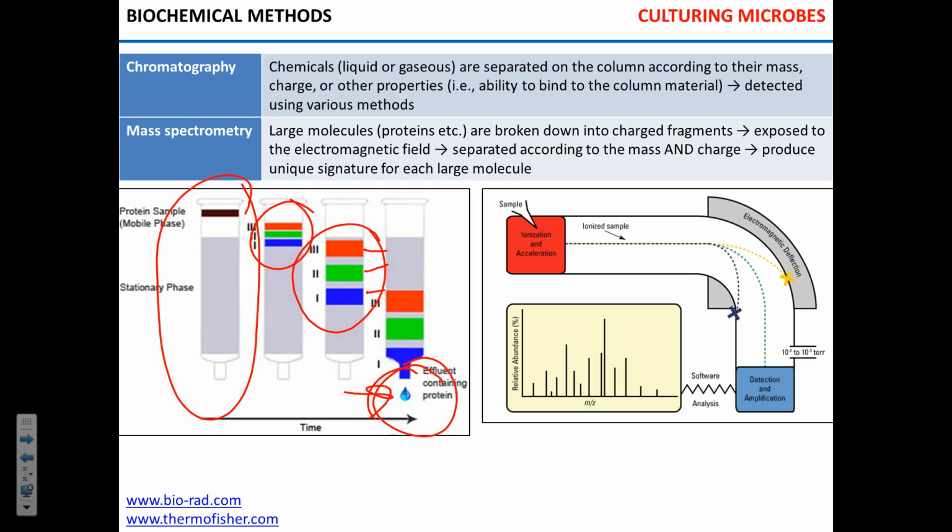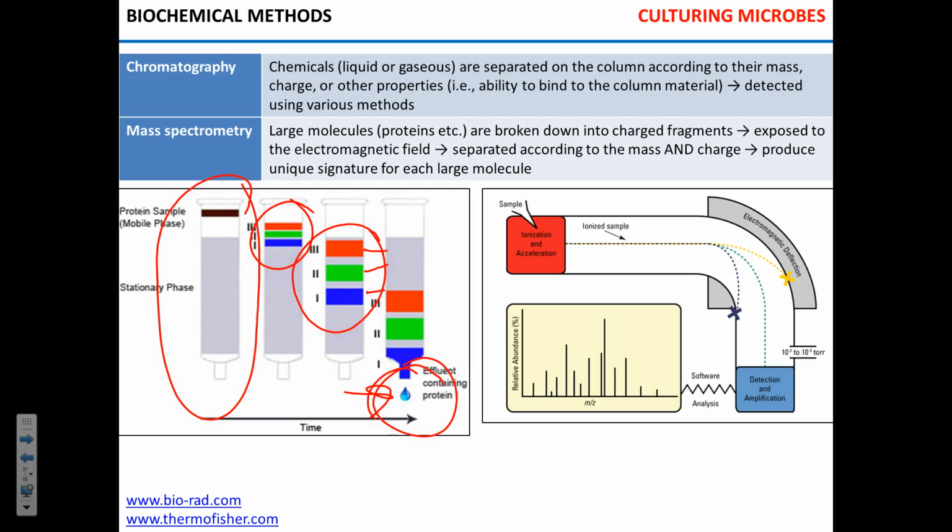This is something that technically is horribly complicated. Conceptually is simple. You have a molecule like a protein and you break it in pieces. Pieces are going to be of different size. Do you agree with me? And they also are going to have slightly different charges.